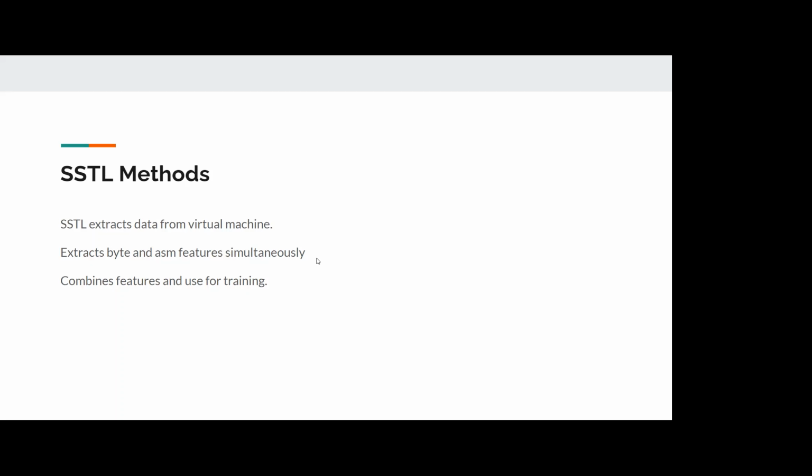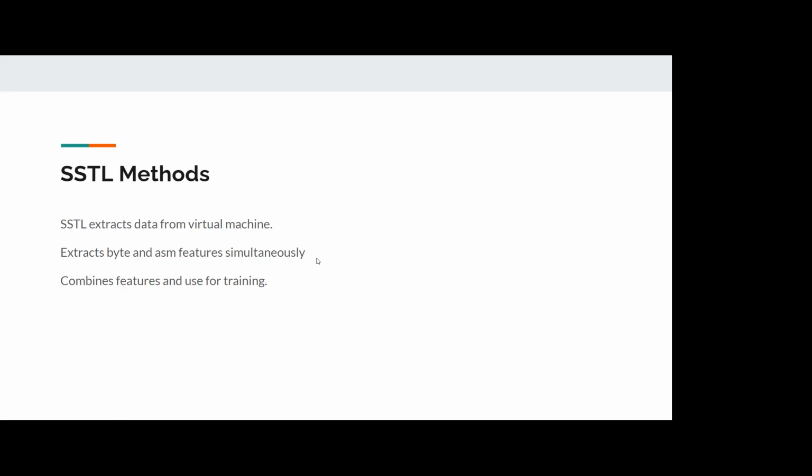Then the byte features and the assembly features are combined and used to train the byte classifiers, which ultimately improves the malware detection accuracy. The adaptive assembly machine learning model also has a voting algorithm to help it avoid adversary attacks.